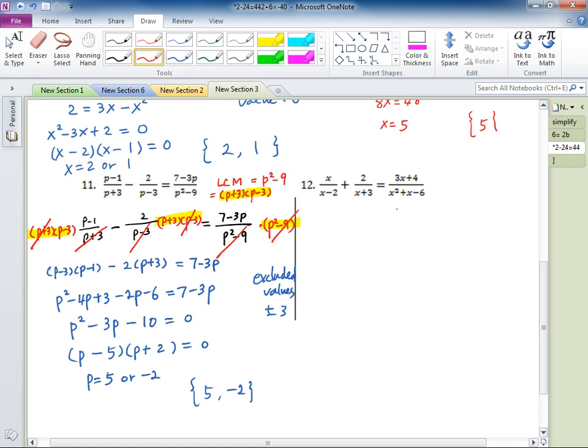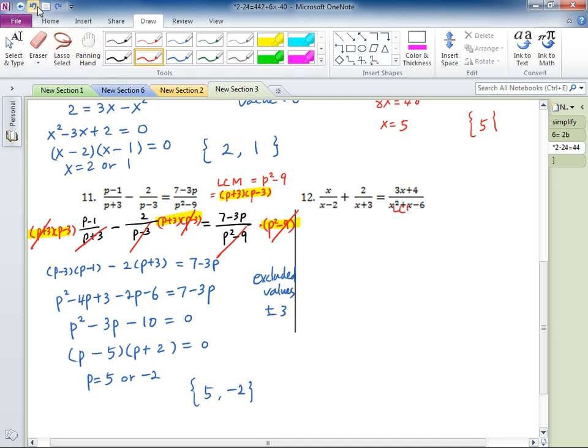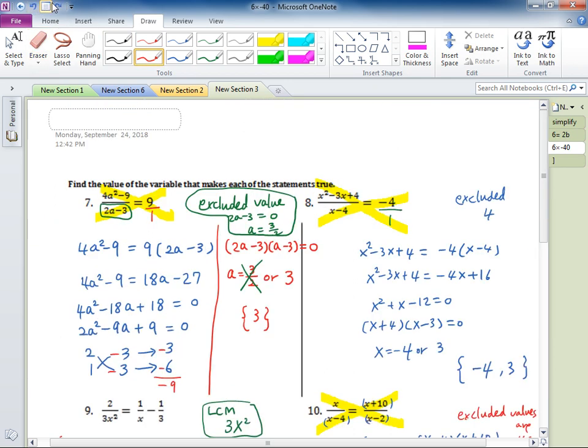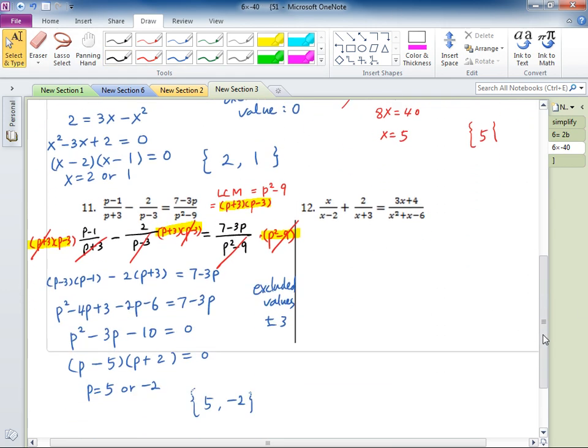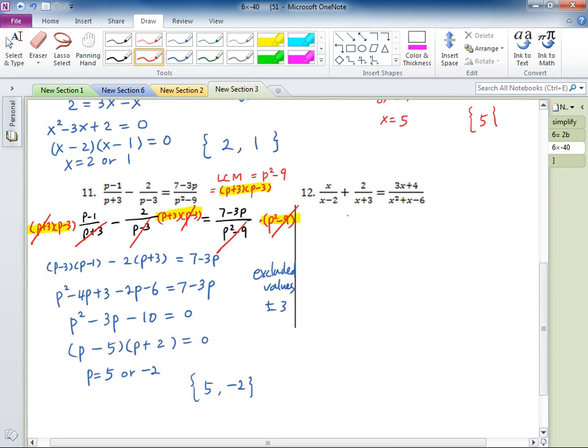Question number 12. What is the least common multiple here? Alright, what is the least common multiple for question number 12? X minus 2, x plus 3.